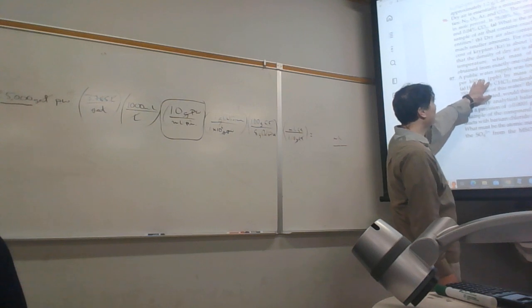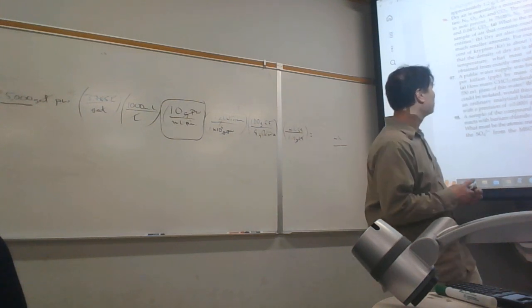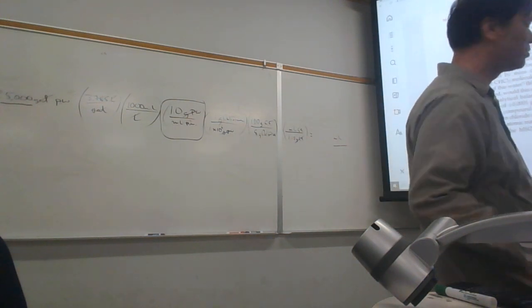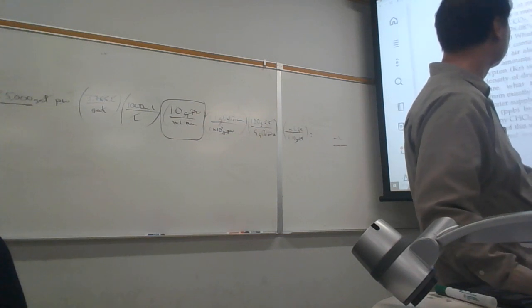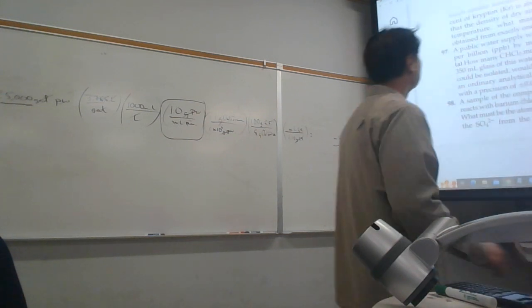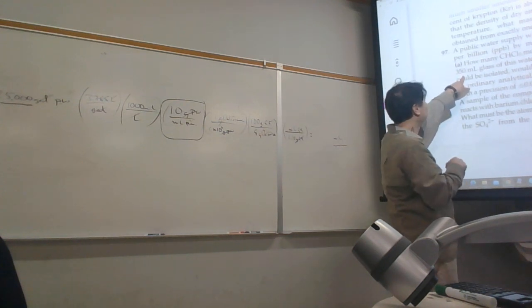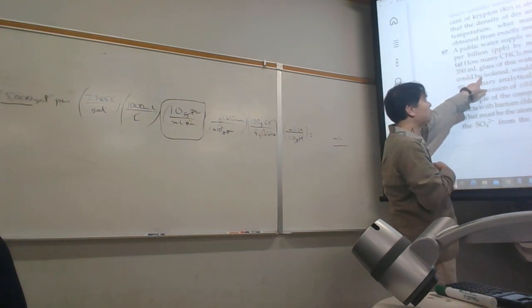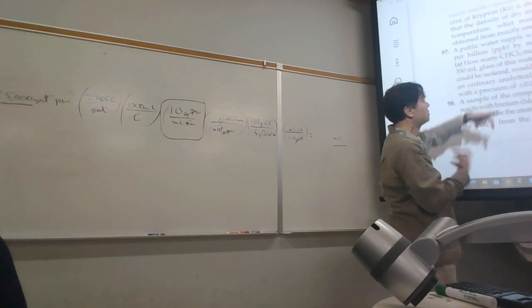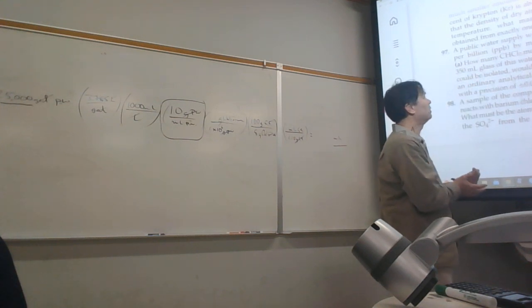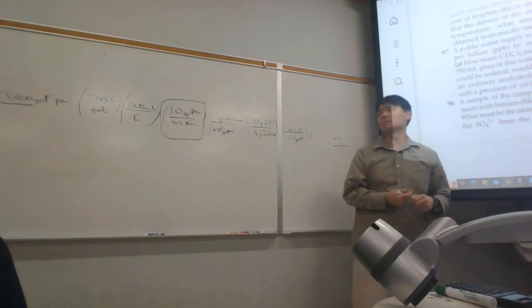97: a published water supply was found to contain 0.8 parts per billion by mass chloroform. So this is drinking water. A, how many chloroform molecules would be present in a 350 milliliter glass of this water? And so here, part per billion, we do the same thing as part per million.